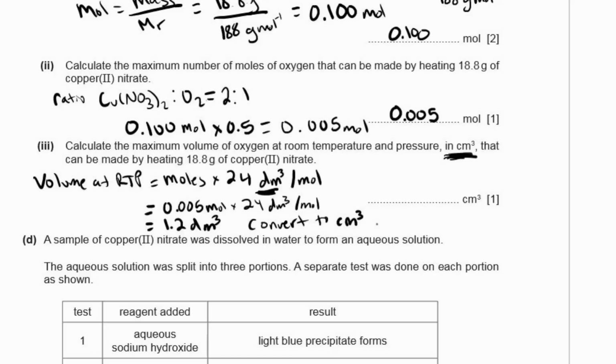That's okay as well. You multiply by 1,000. So that equals 1,200 centimeters cubed. So be very careful of whether it's in centimeters cubed or decimeters cubed, because when you're talking about molar gas volumes, you're talking about decimeters cubed.